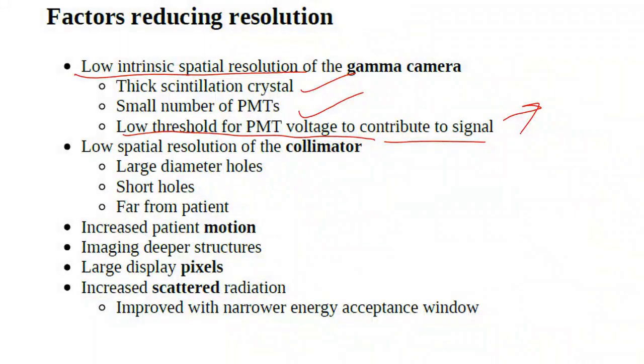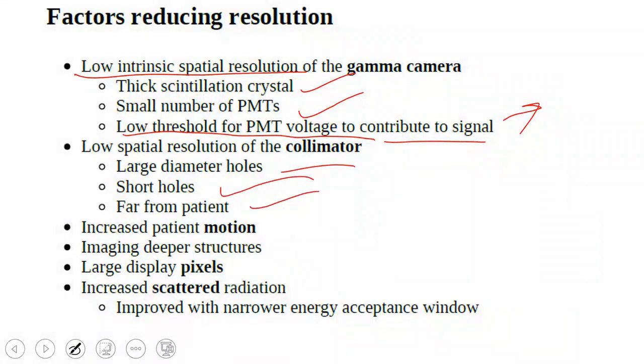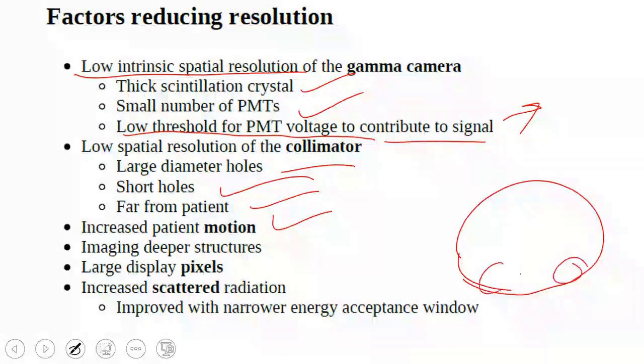Regarding the collimator, we talked about 3 aspects in our previous discussion. 3 things that we talked about. If you are imaging patients and want to see the kidney, is it better to make your components higher or lower?